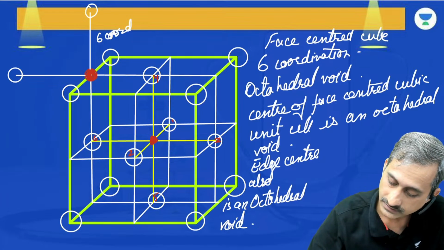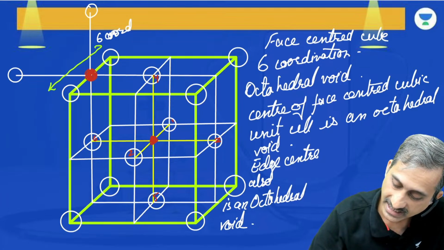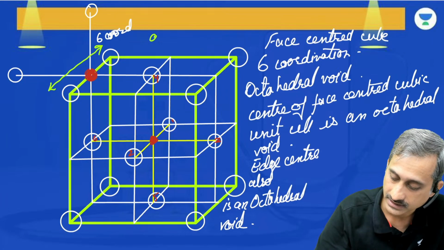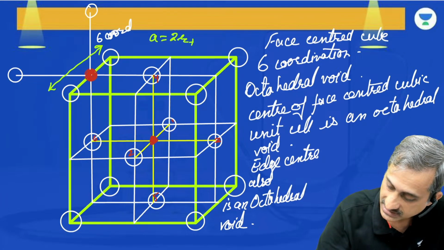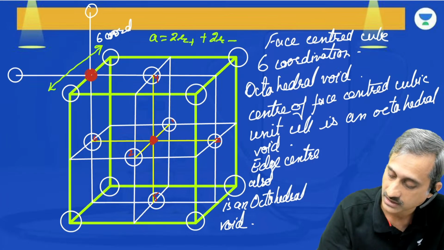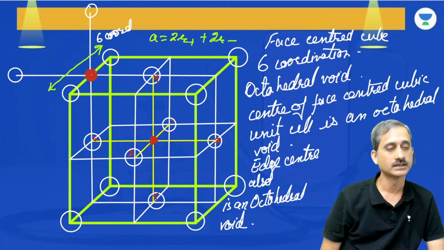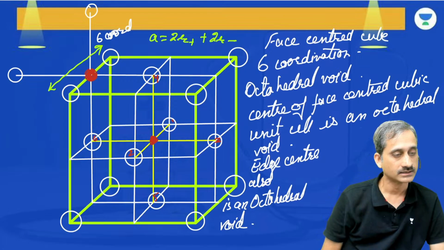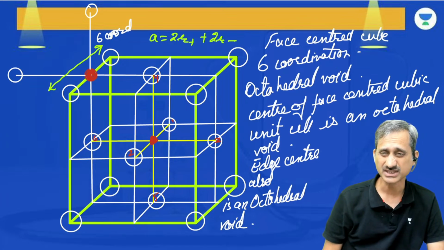that here this edge length A is equal to twice of R plus twice of R minus. The edge length is equal to twice of R plus twice of R minus. Can you see that?